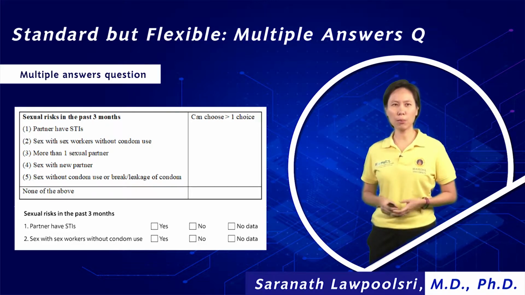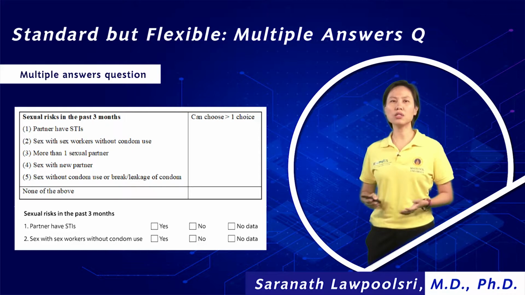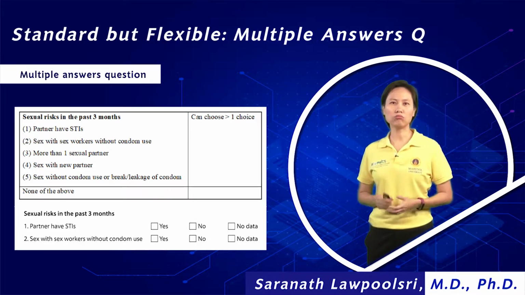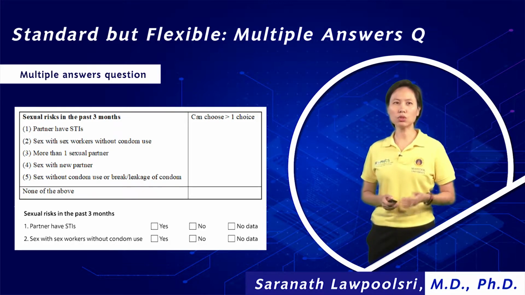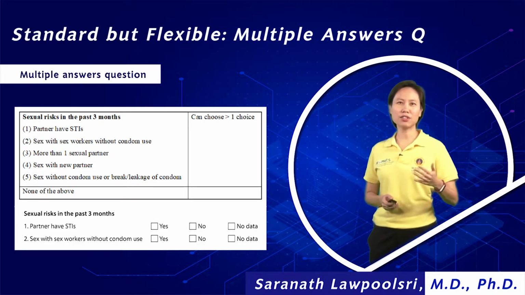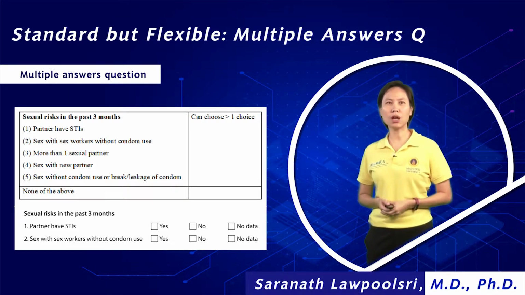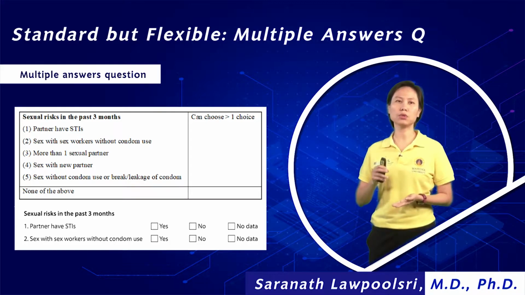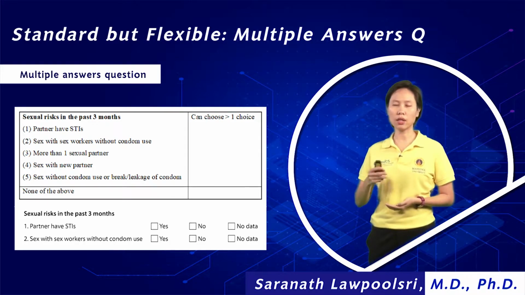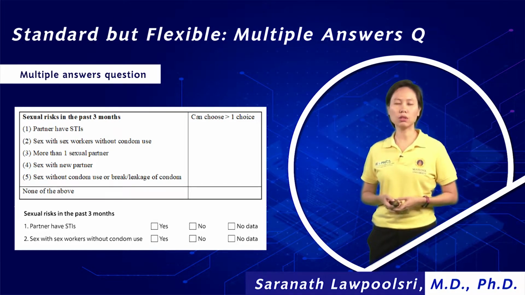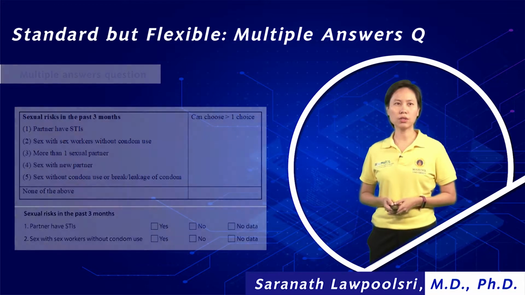They just write down the number, or there's no instruction on this, and it will create great difficulty in collecting the data. So from that particular design, you can design the CRF in another way, as at the bottom of the slide. For each condition, you just put a yes and no question, and this will break the multiple answer down into single questions.